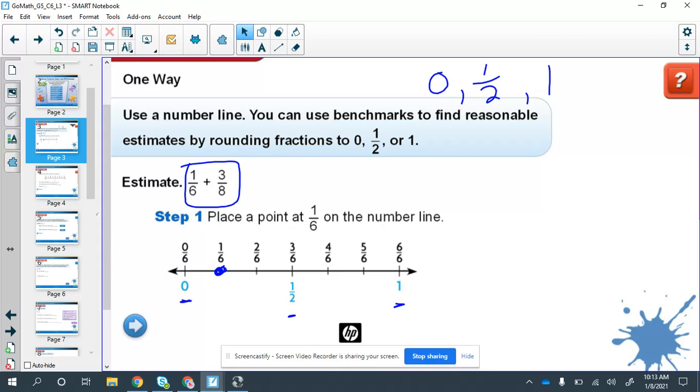And we see that 1/6 is right here, and 1/6 is closest to our benchmark of 0. So that would mean that in our original problem, estimating, we would say that 1/6 is about the same as 0. So now we need to find out, well, what's our benchmark for 3/8?